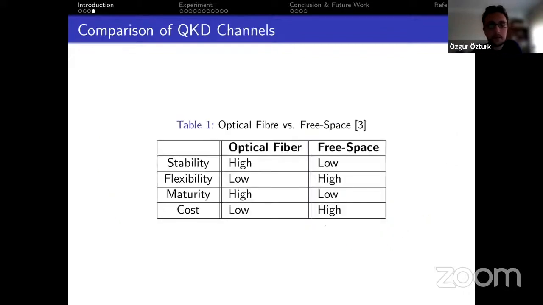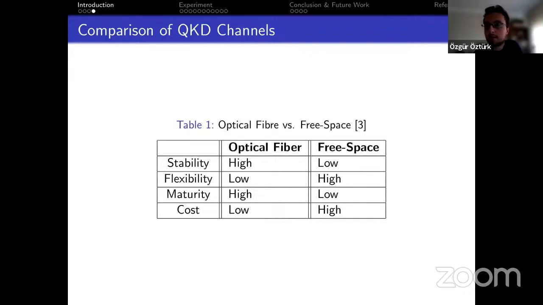So we have two options for the quantum channel. One is optical fiber and the other one is free space. As you can see from the table, optical fibers provide high stability and low flexibility. There are optical fiber based QKD systems that reach hundreds of kilometer lengths, and they are commercially available.